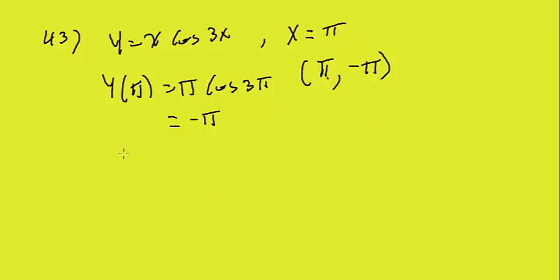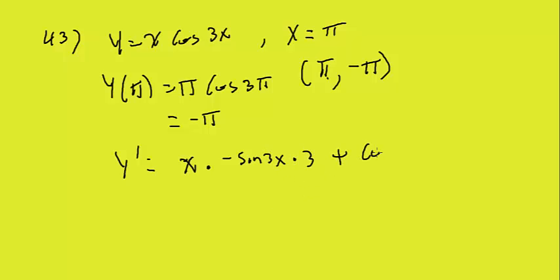Y prime. What do I get when I take y prime? What am I really finding? Slope. I'm finding the slope. Rate of change of the function. So it's product rule. First times derivative of the second. That is negative sine of 3x times 3.